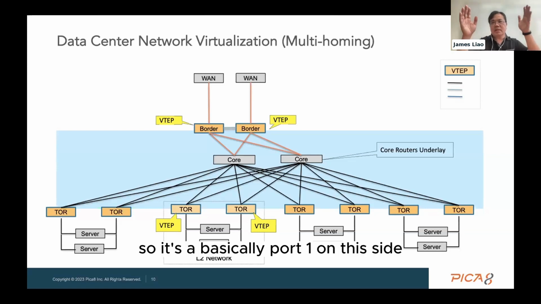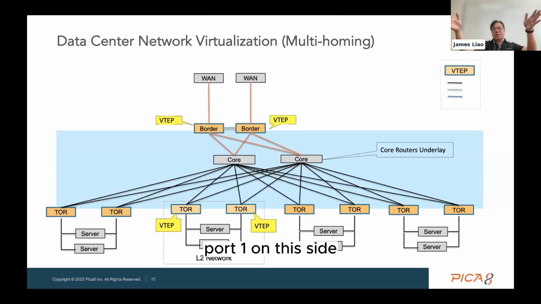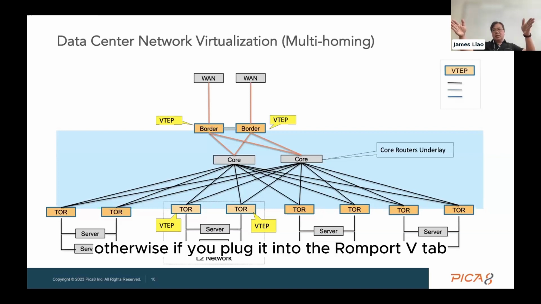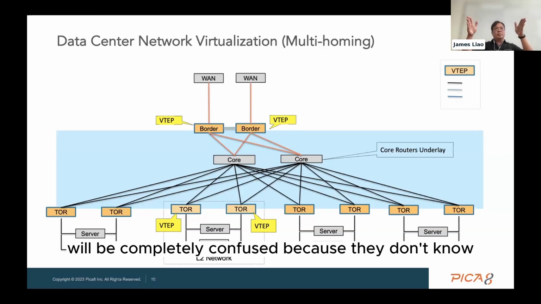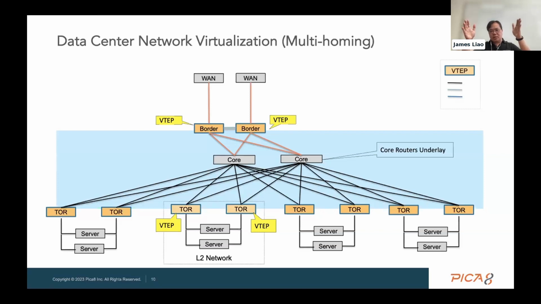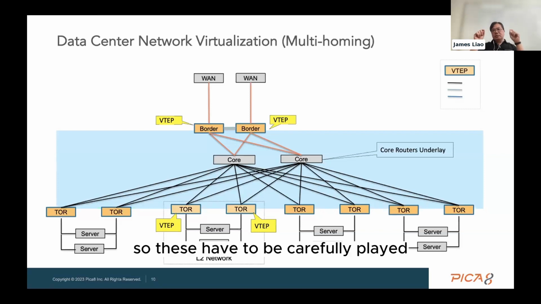So it's basically port 1 on this side, port 1 on this side, and you have to pre-program that in your VTAP. Otherwise, if you plug it into the wrong port, VTAP will be completely confused because it doesn't know which port is connecting to what. So these have to be carefully planned and then carefully executed.